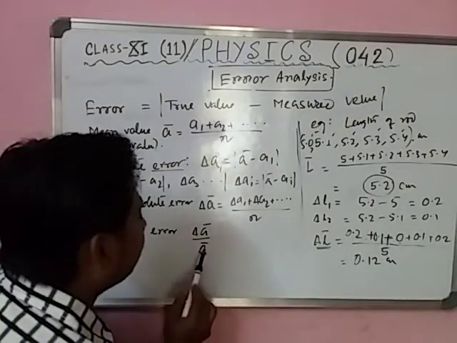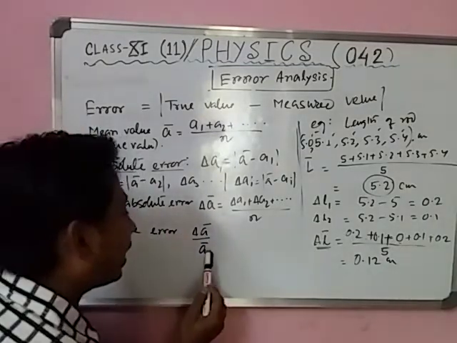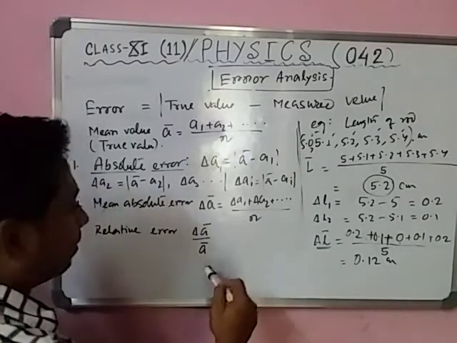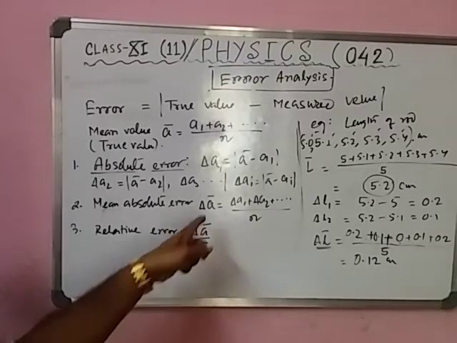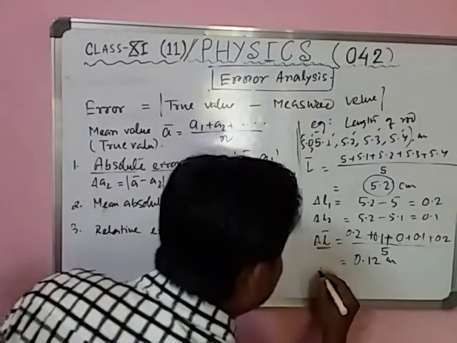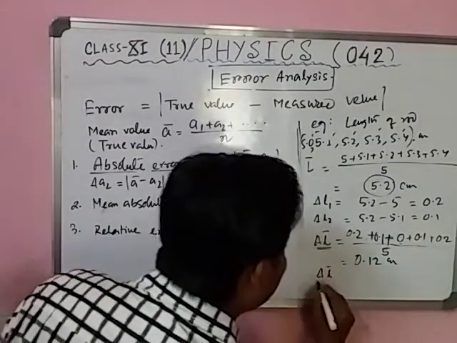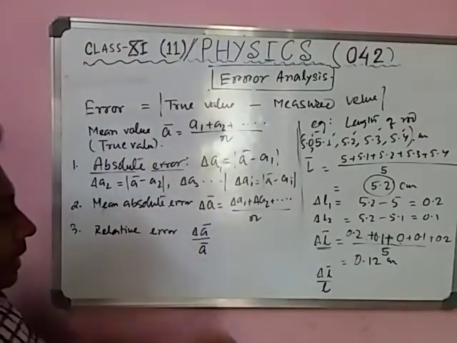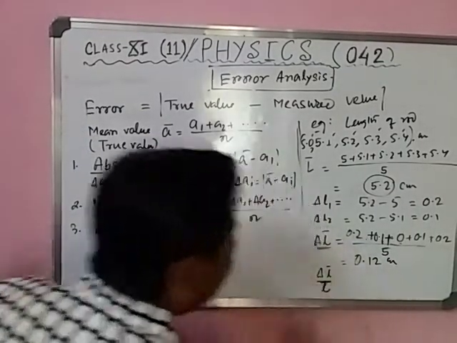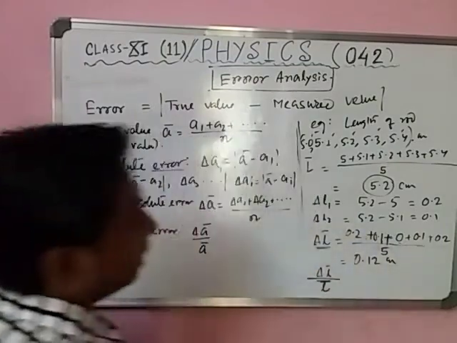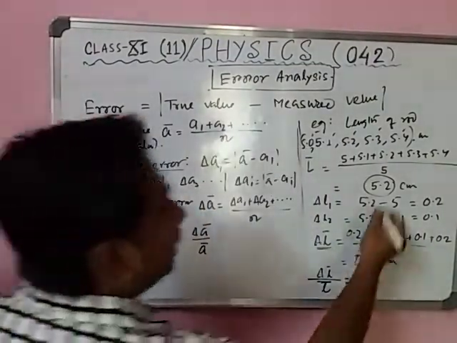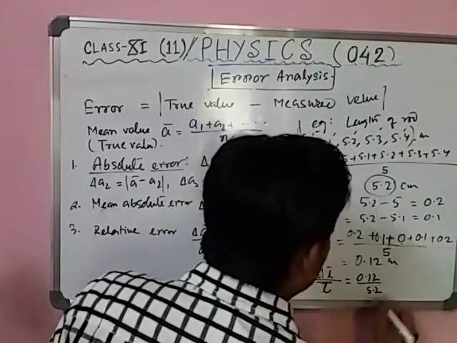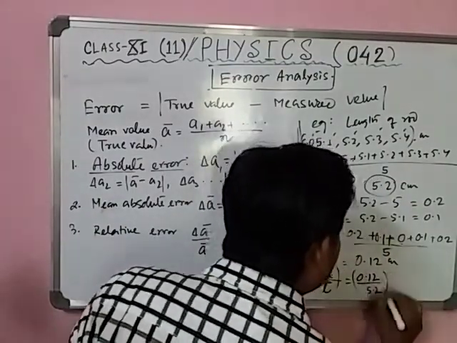Your finding is A bar. So delta A bar by A bar. Here, if we take the example, delta L bar by L bar. So delta L bar means 0.12 by L bar. L bar means how much? 5.2. This is the relative error.